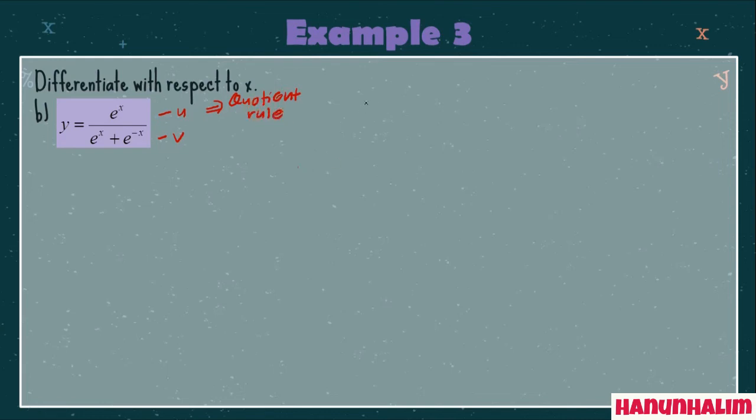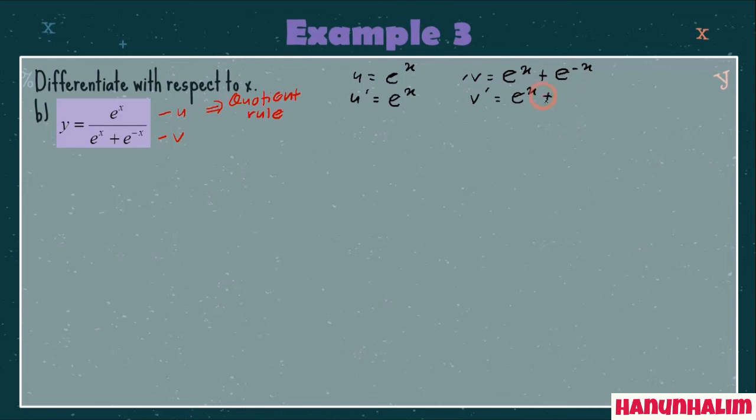Okay, before buat quotient rule, tulis dulu U equal to e to the power of x and V equal to e to the power of x plus e to the power of negative x. So kita cari U prime. Bila e^x differentiate akan dapat e^x juga. And then V prime, e^x differentiate dapat e^x plus e to the power of negative x. Okay, kalau dah mahir nanti sebenarnya dia terus dapat negatif e negatif x.